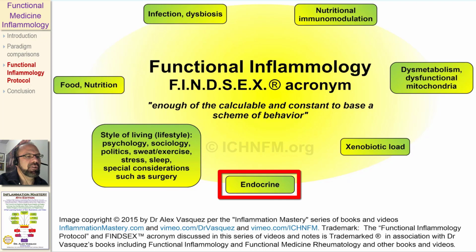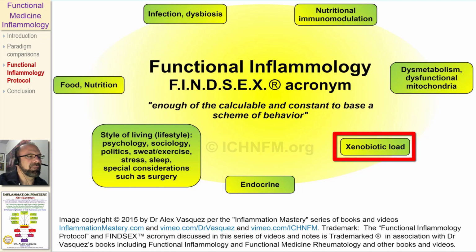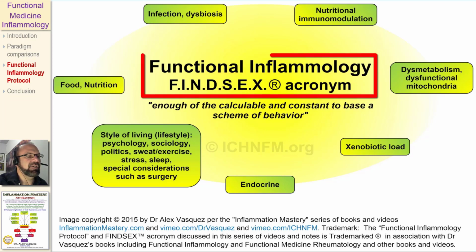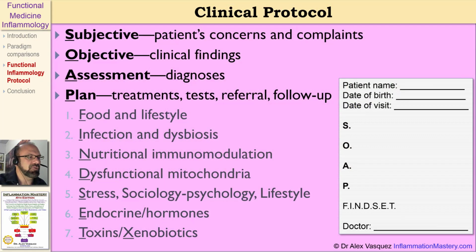Then we look at endocrine function and balance and also xenobiotic load. So style of living and most of those special considerations start with S, then we go to E for endocrine and X for xenobiotics. So that's SEX. So the complete acronym is FINDSEX. That's easy to memorize, but not necessarily an acronym that you would want to write in your patient chart notes.